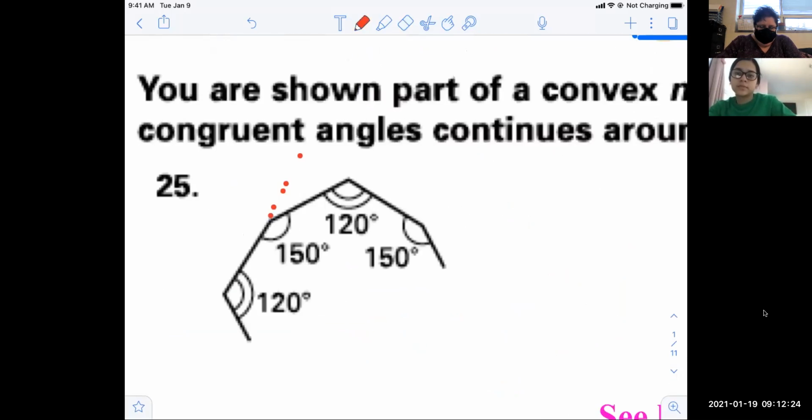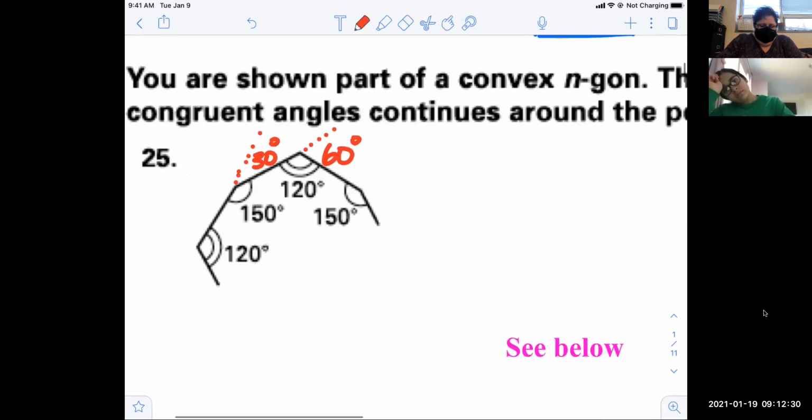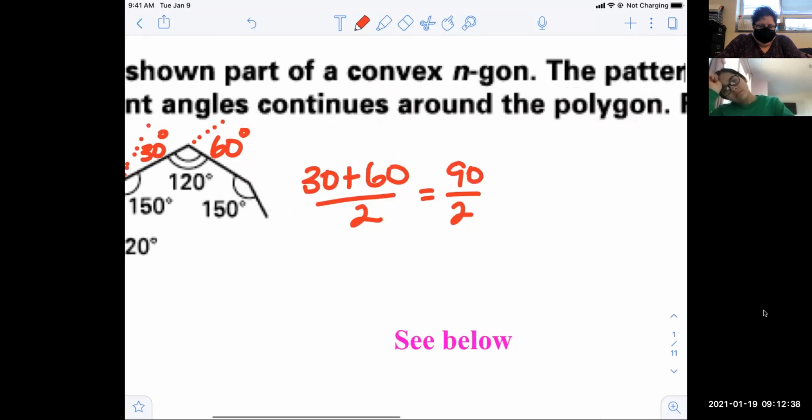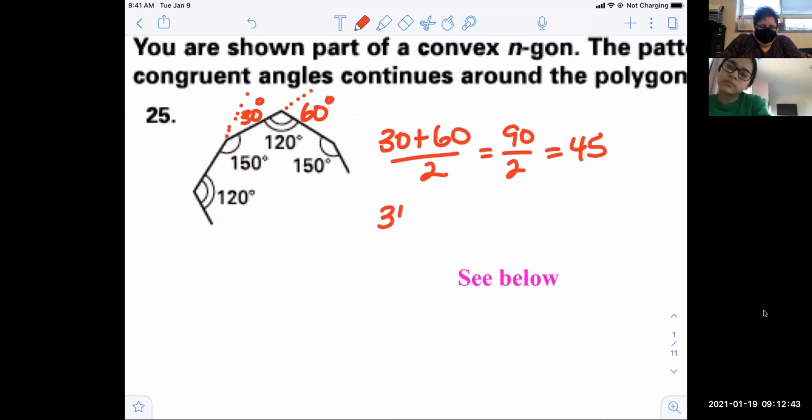Because they're alternating. So if you take the mean, then that's just the average. Then you just find the number of the exterior angles. Okay, so you did 360 divided by 45 is 8.